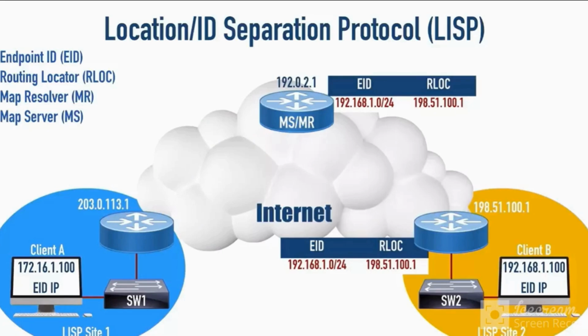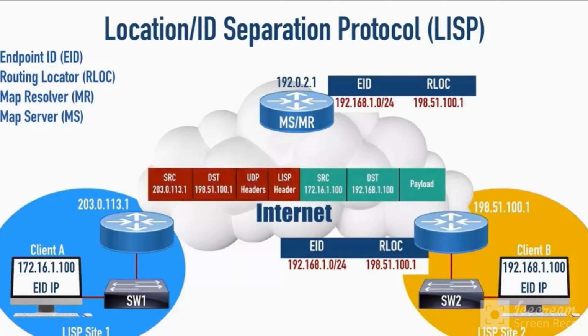And once we know the RLOC that we're sending to, the packet that we want to send to another site, we're going to add on a LISP header, and we're going to add on a UDP header, and that's going to be encapsulated inside of an IP packet with the RLOCs acting as the source and destination IP addresses. Notice that the source in that outer header is 203.0.113.1.